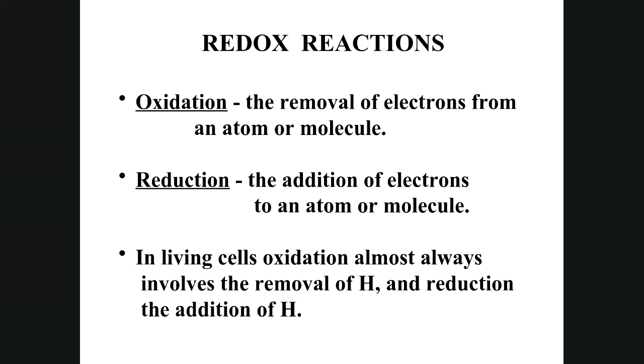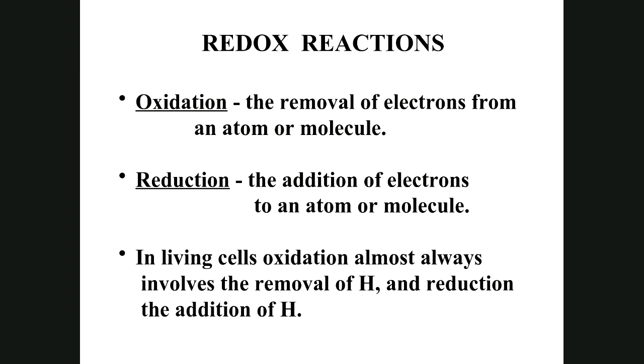Some more new terms, oxidation and reduction. Oxidation, the removal of electrons from an atom or a molecule. Remember when sodium gave up its electron? It was oxidized because it lost an electron. Reduction is the gaining of electrons, the addition of electrons to an atom or a molecule.